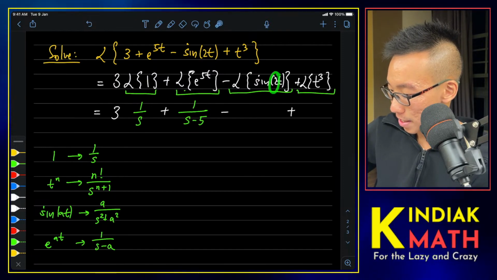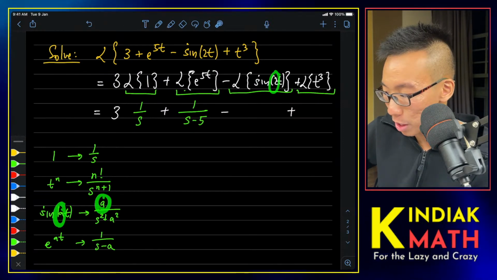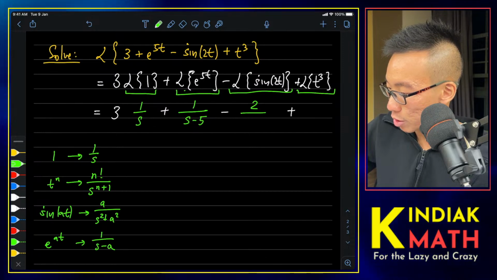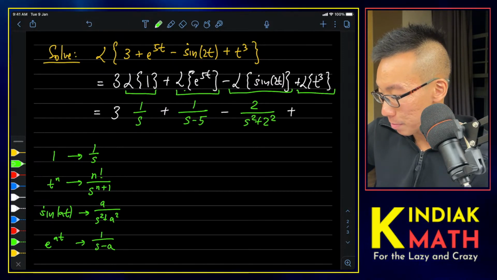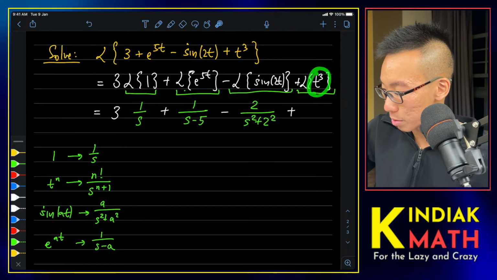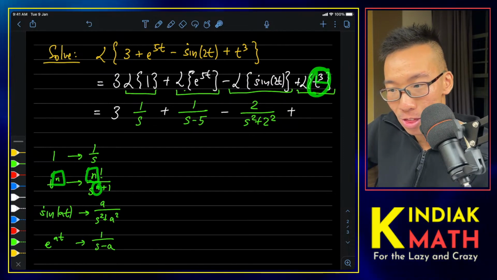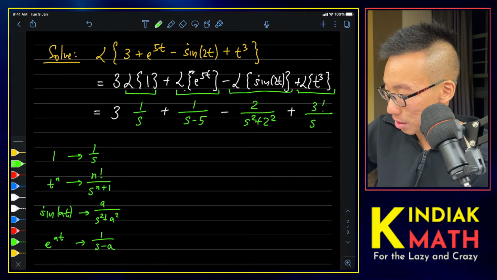In this case, this is going to be 2. This a here is going to be 2, so we're going to replace all the instances of a with 2. And finally, this is t cubed, so we're going to use n equals 3 to obtain 3 factorial over s to the 3 plus 1.